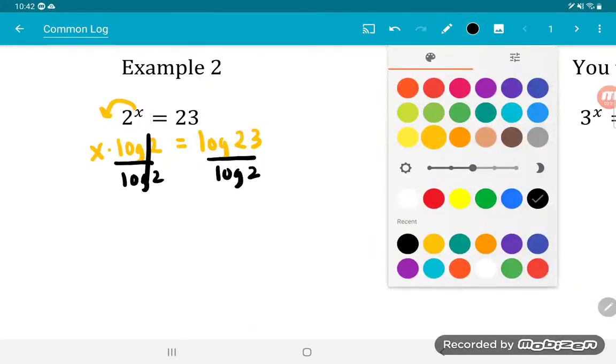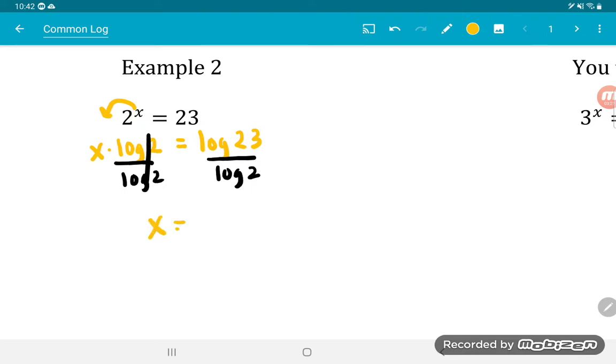When we divide, we have x is going to equal the log of 23 divided by the log of 2. We converted these to a common base, so that means that our base will automatically be 10.